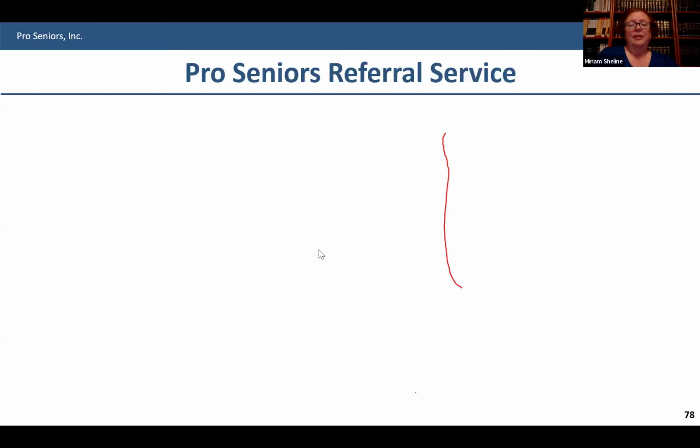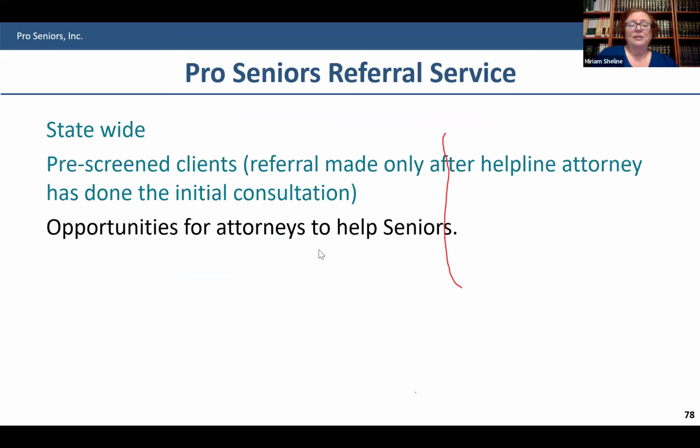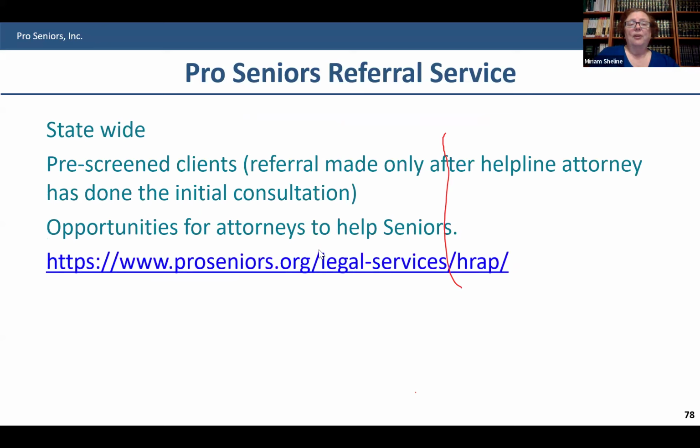And of course, as I just mentioned, our referral service is a statewide referral to private attorneys who do charge for their services, but they also do some work at a reduced fee. But this is another option after the phone call if there's some work that needs to be done. That is a statewide referral service.